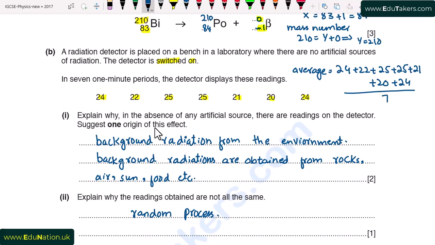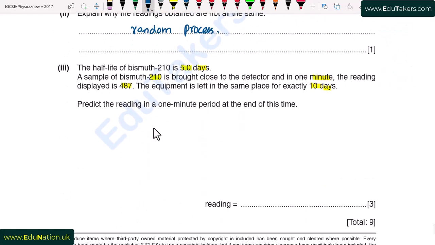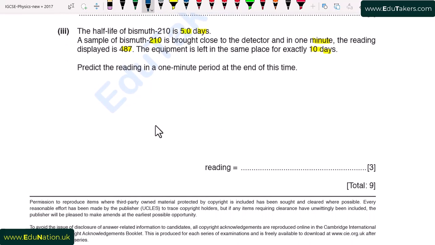So the value of average count comes to be 23. I write here average count due to background radiation is equal to 23.